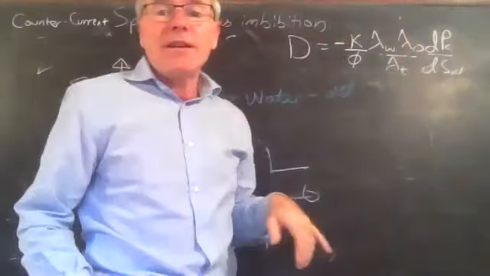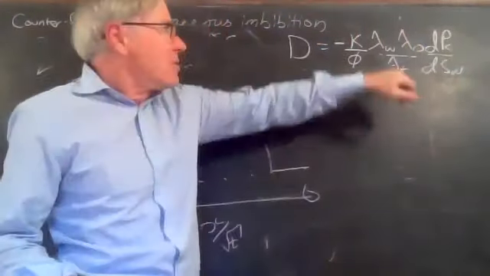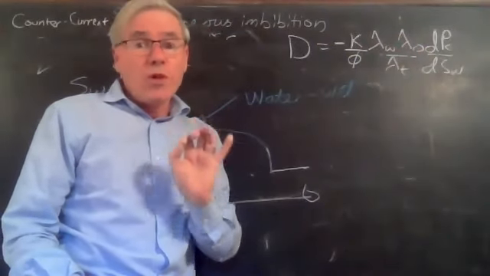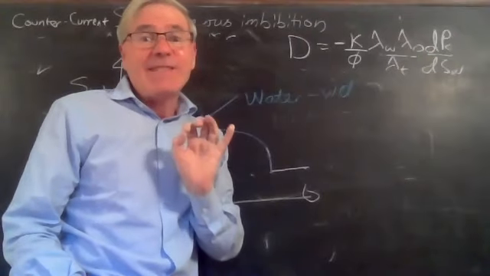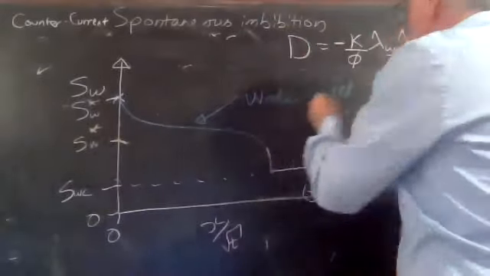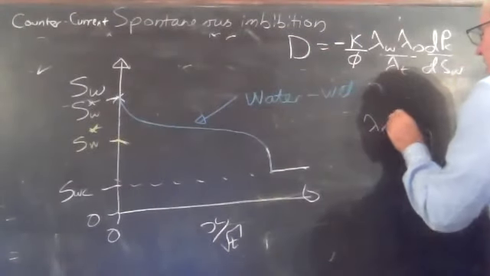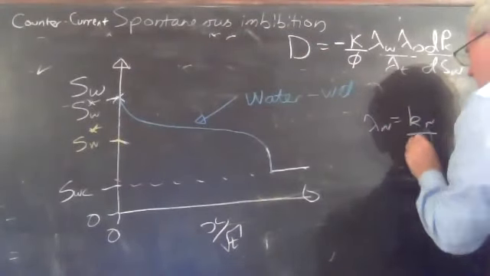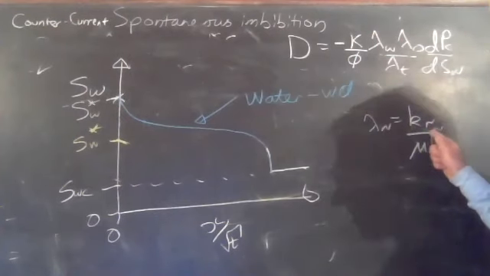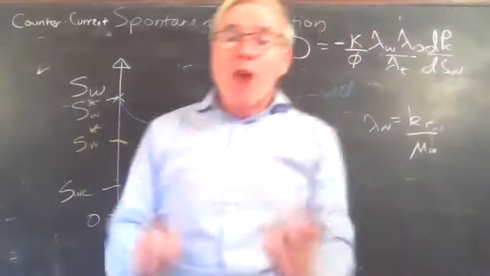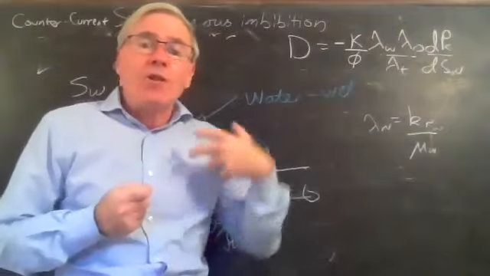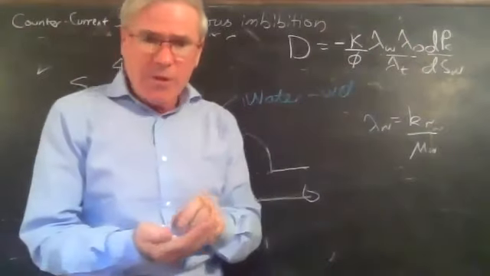The fascinating thing is, and this is in my other lectures, in a mixed wet rock, initially, the water relative permeability is very low at intermediate saturation. So lambda W, just in case you're worrying about it, yes, it's the relative permeability divided by the viscosity, of water in this case. The relative permeability is really, really low, which means D is really low. So there's very little driving force, very little capillary dispersion.